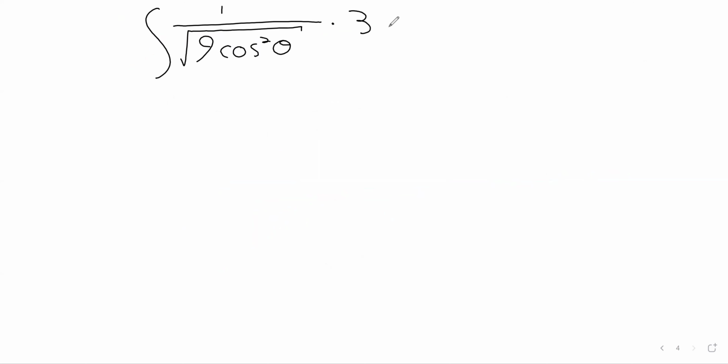Let's see, 3 times the cosine of theta d theta. And then we'll always use the fact that we have a square root of a product, and the square root of a product can be broken up.